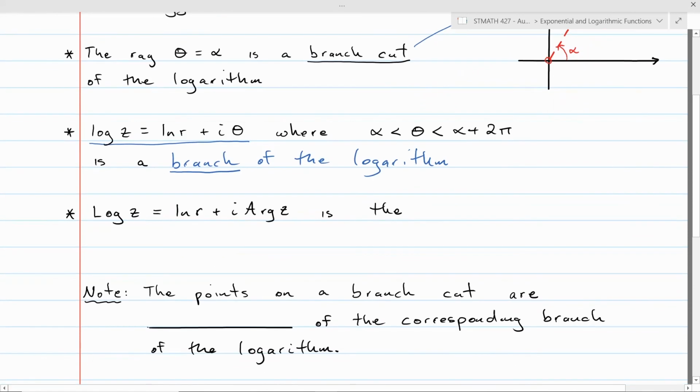And then capital Log, the principal log, is often called the principal branch of the logarithm. And of course, like I said previously, its branch cut is alpha equals negative pi.